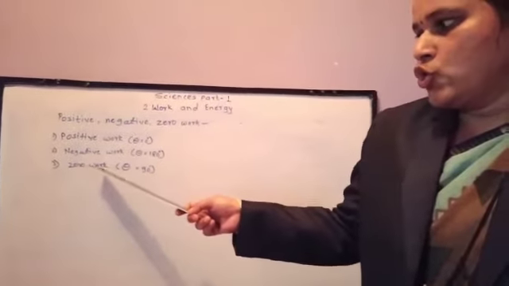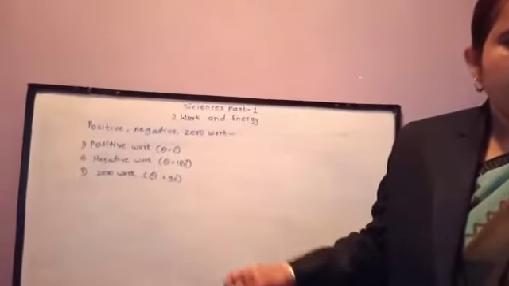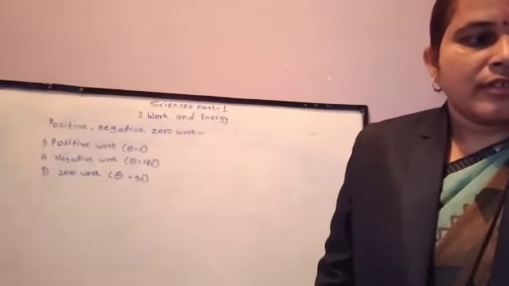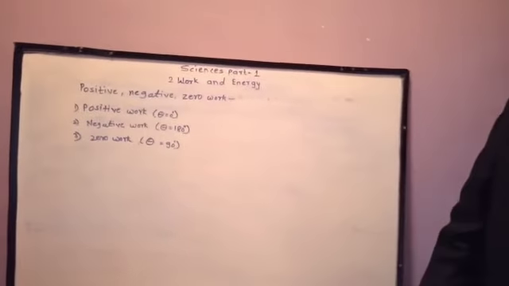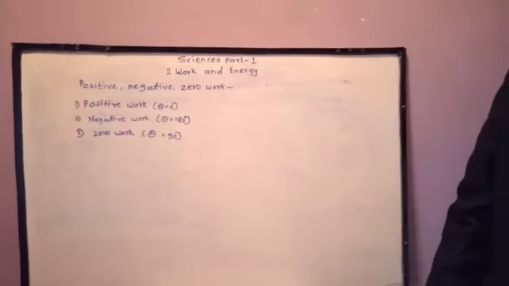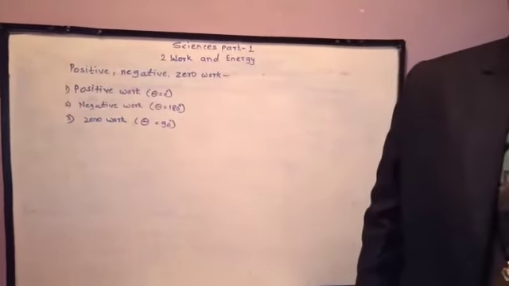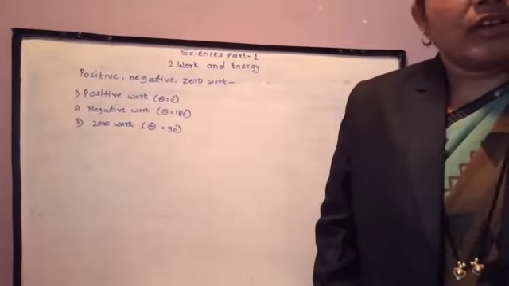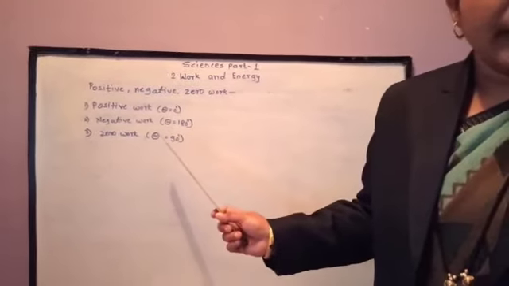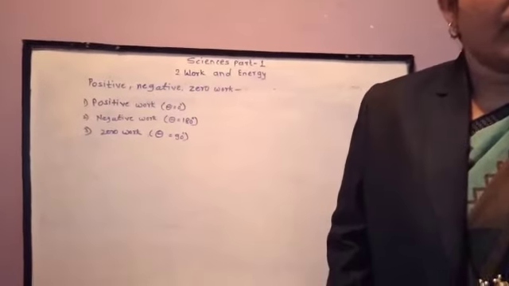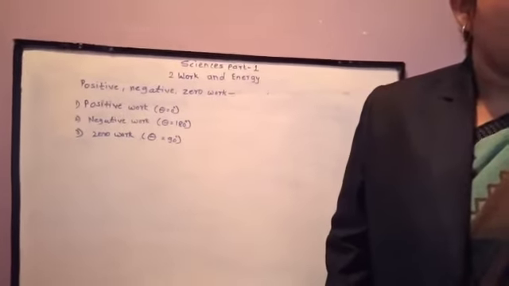Third point, zero work. When the force does not cause any displacement, or when the force and the displacement are perpendicular to each other, the theta value is 90 degrees. The work done by the force is 0.